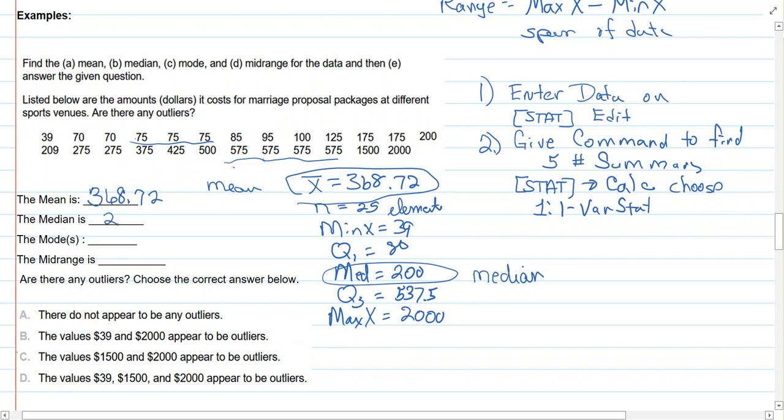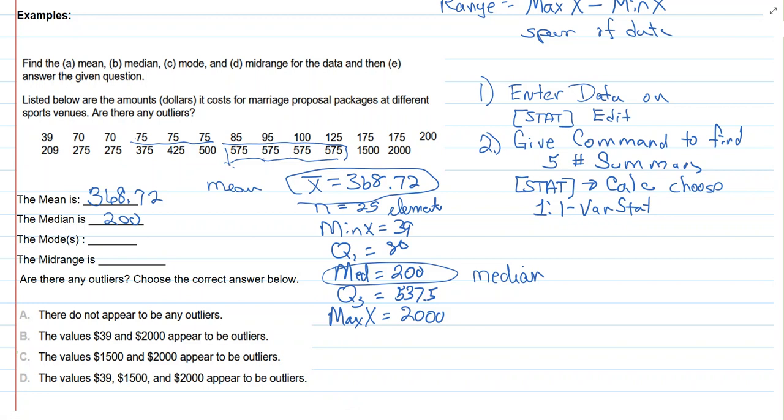Okay, so I'm going to put 200 there. The mode. Now we're going to look at our data, and the most I have is that 575. It looks like it's that value there, and we don't write it 4 times, we only write it 1 time. So let me put that down.